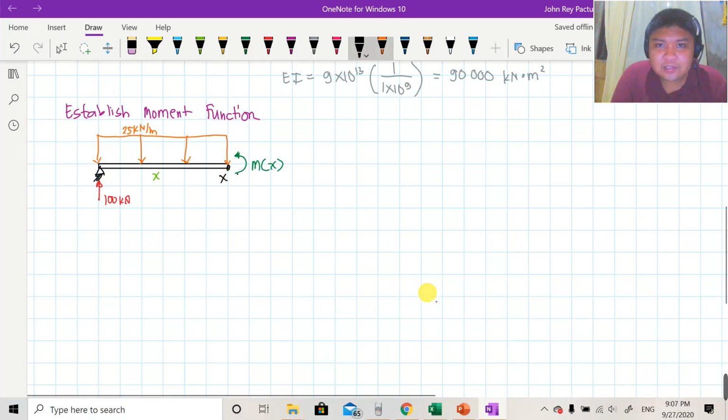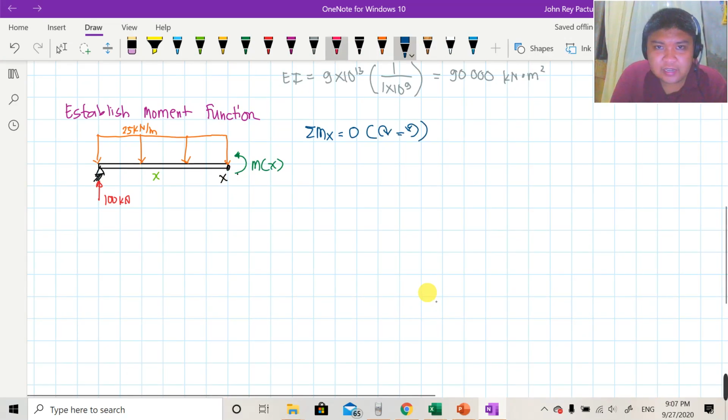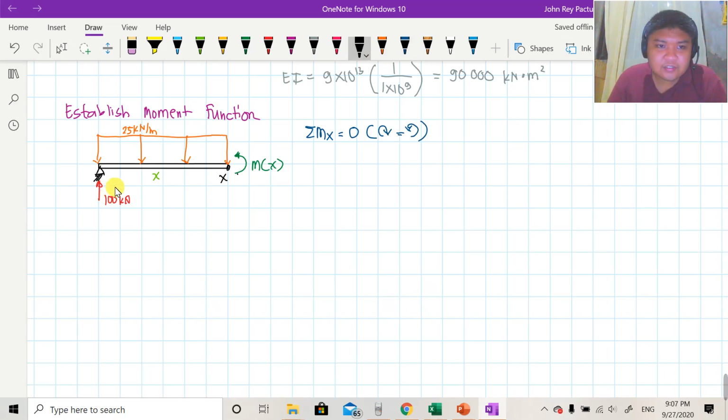Therefore, of course, summation of moment at x equals 0. Clockwise moment equals counterclockwise. The clockwise is the 100 kilonewton with a moment arm of x. And that is equal to our 25 kilonewton per meter, which is 25x, and its moment arm is x over 2, plus moment of x.